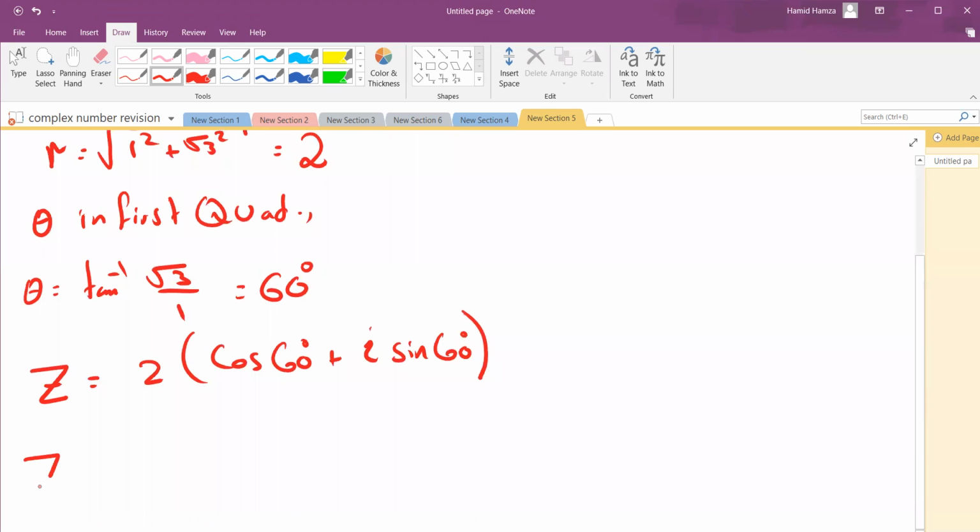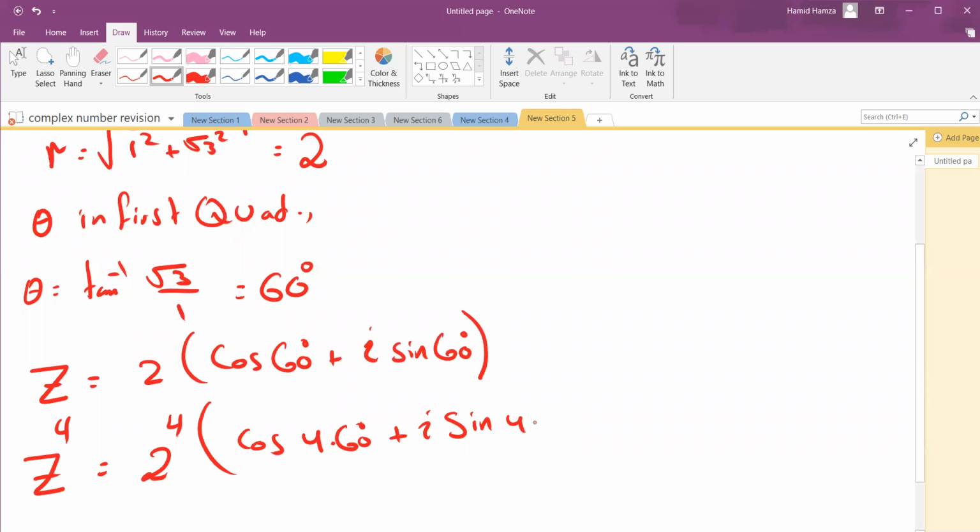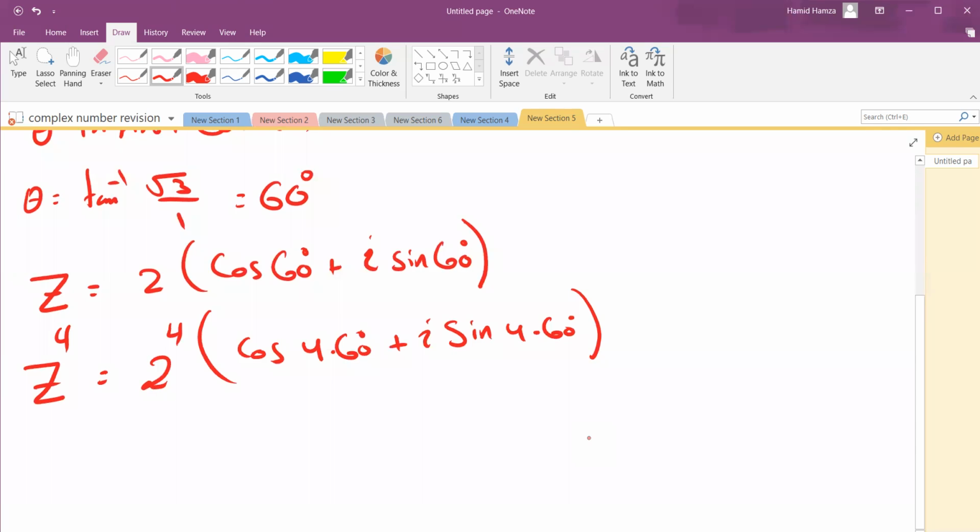So Z to the power 4 equals 2 to the power 4, cosine 4 times 60 plus i sine 4 times 60. So 2 to the power 4 is 16, cosine 240 degrees plus i sine 240 degrees.